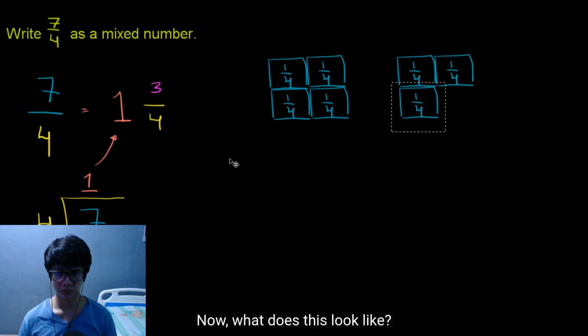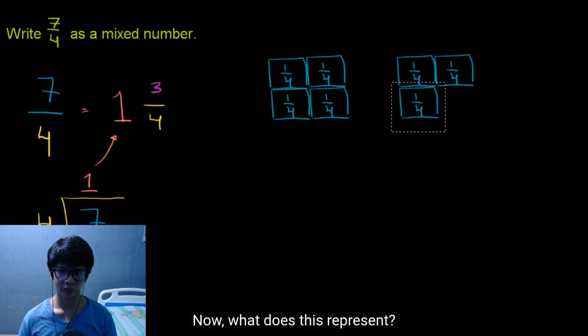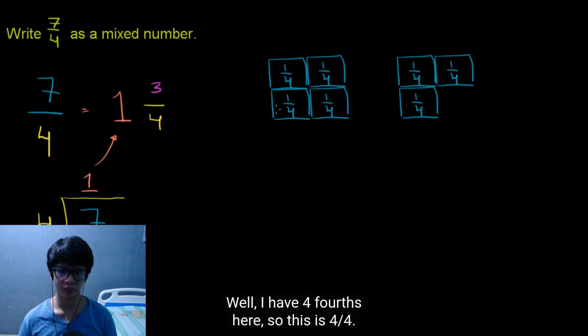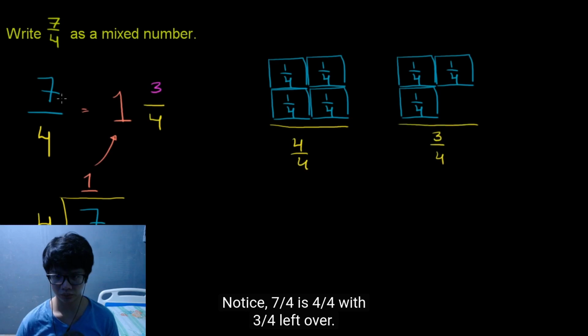Now, what does this look like? All I did is rewrite 7 fourths, or 7 1/4s. I just drew it for you. Now, what does this represent? I have 4 fourths here, so this is 4 over 4. This right here is 3 over 4. Notice 7 over 4 is 4 fourths with 3 fourths left over.